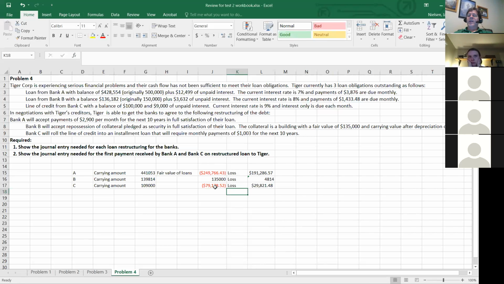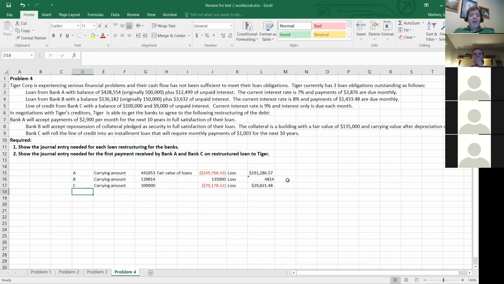But this is one area where they tweak the rules such that it will never be the same. There are enough caveats that I decided not to teach that anymore in this scenario. So we'll just focus on the lenders. So your loss would be 29, debit loss, credit note receivable again.